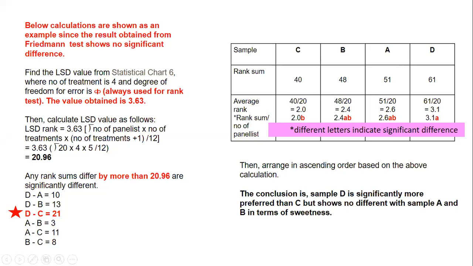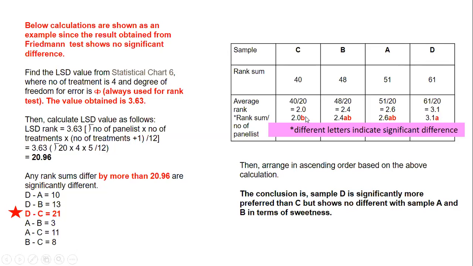If you do not run the statistical analysis and only look at the mean value, you cannot say that D is the most preferred as compared to C. Once you run the statistical analysis, you can confirm that sample D is much preferred as compared to C, because they are marked by different alphabets.